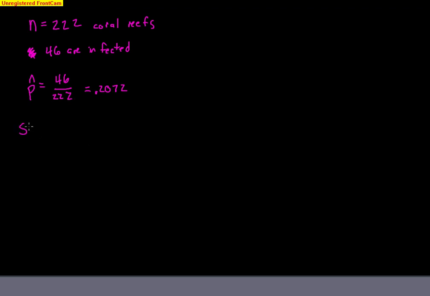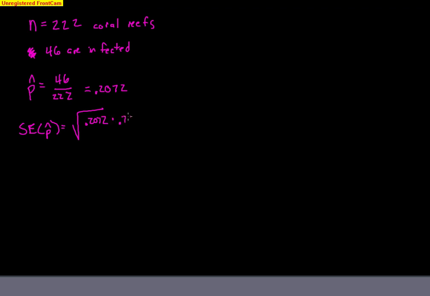So the only other thing I need is a standard error of my sample. I can't call it a standard deviation because I don't know the true P and true Q. So I'm going to have to use my 0.2072, and the opposite of that would be 1 minus 0.2072, which is 0.7928.